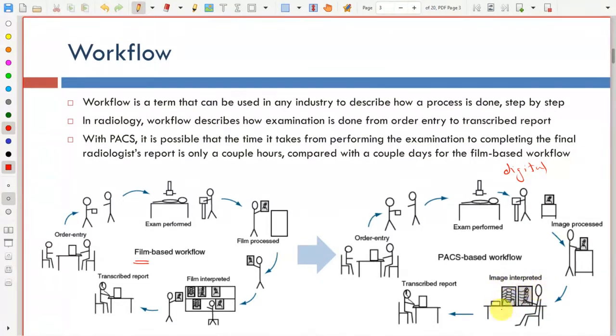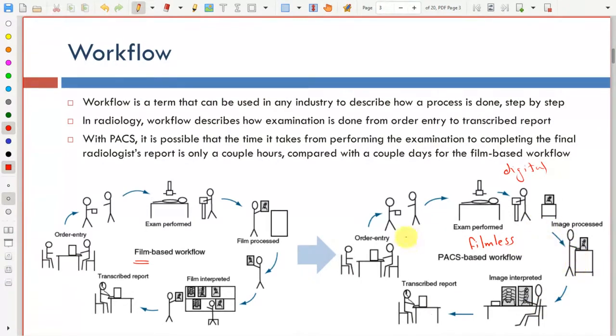So they look at the images on the computer screen and make the diagnosis and write the report, and that's it. The only change you see here is that there is no film. You're filmless now. So this is filmless workflow, okay, without film. The communication here is through the network. Everything's through the network now.